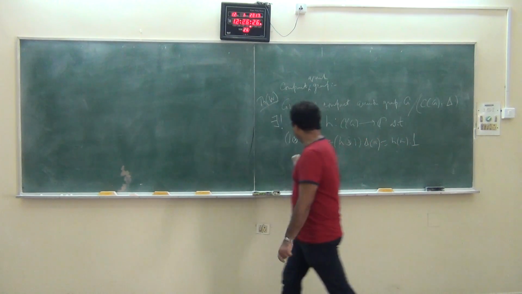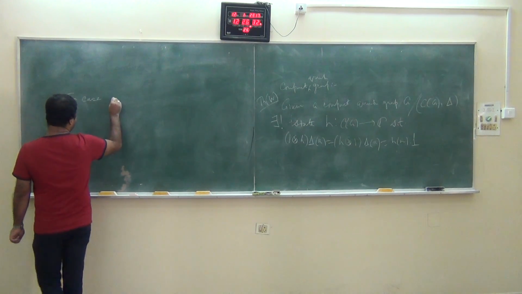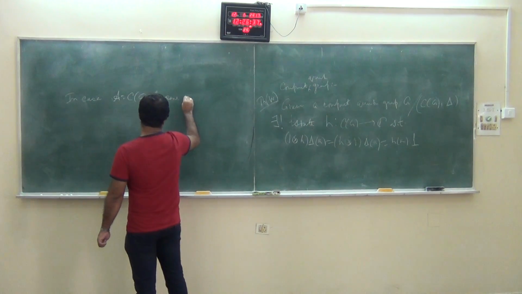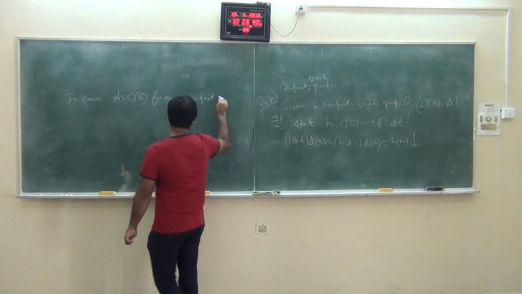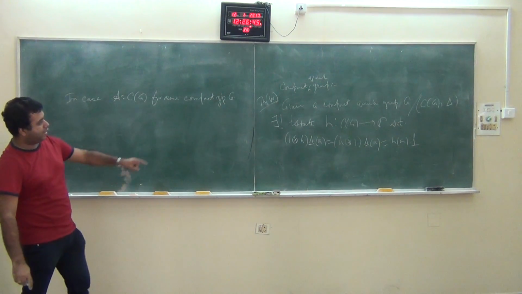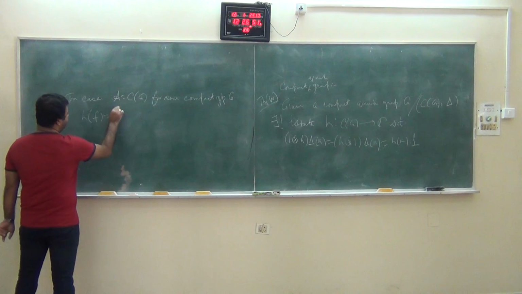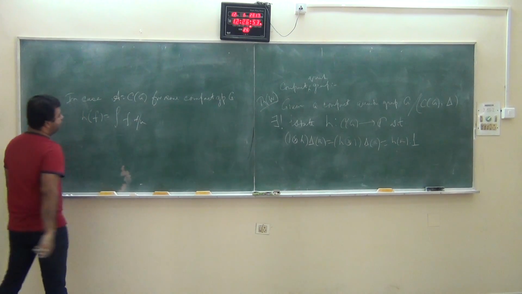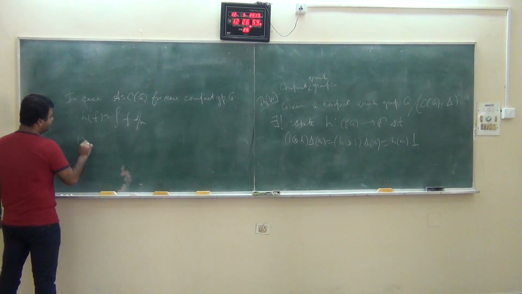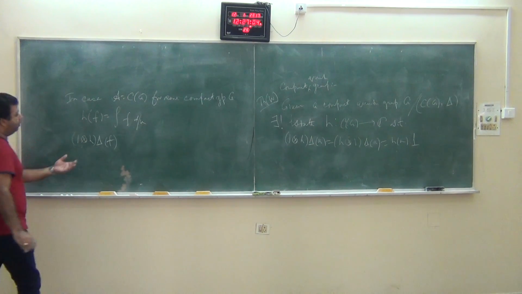So what is this? If A equals C(G) for some compact group G, in case it is indeed so, then h is a linear functional. That means h(f) is actually the integral of f d mu for some probability measure mu. And so what is (1 tensor h) delta(f)?